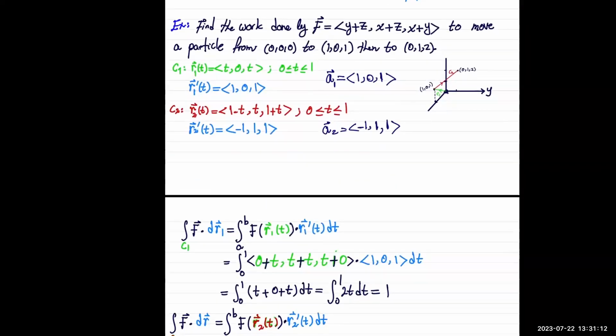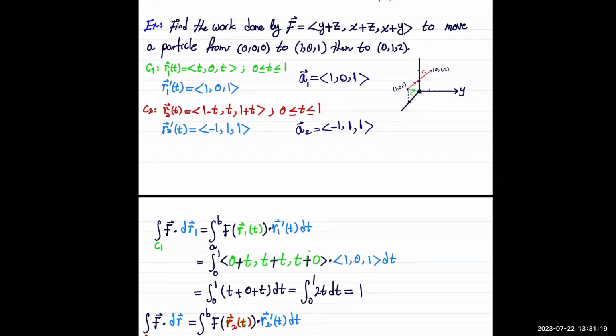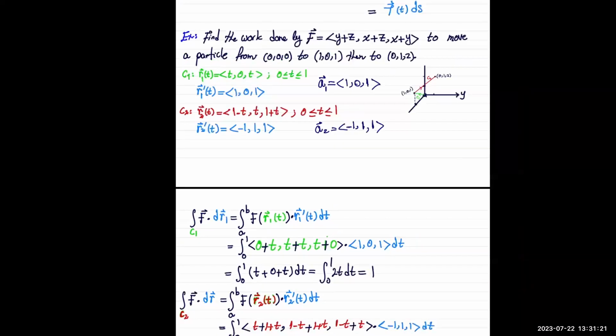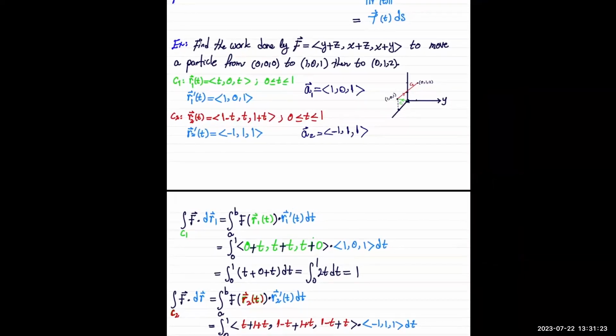So let's do the line integral along the first line, along C1. We are going to take this r and carefully plug it into the vector field.